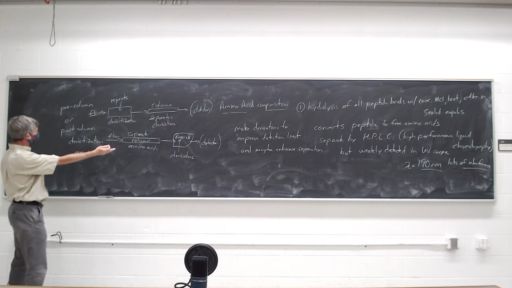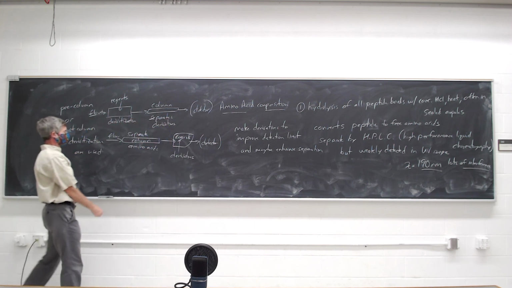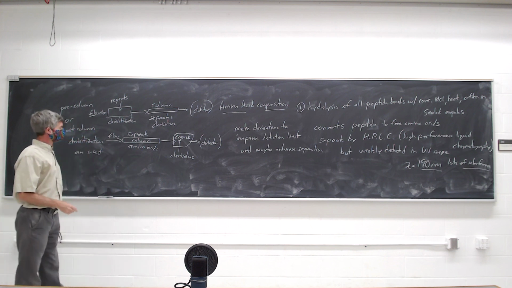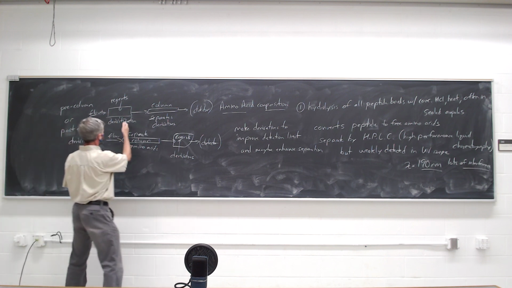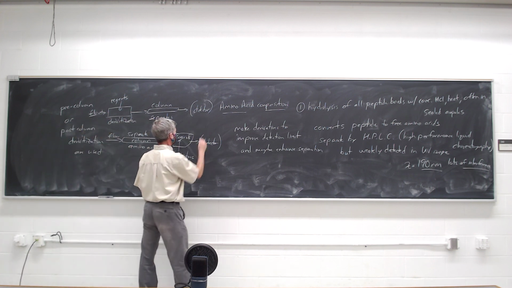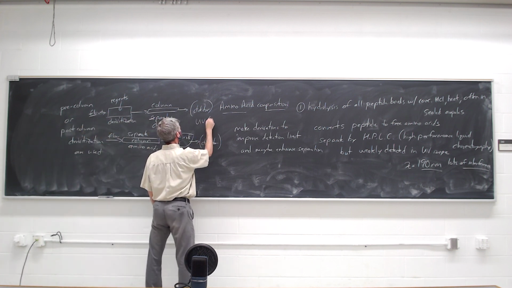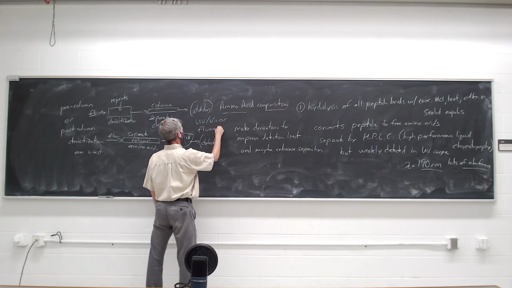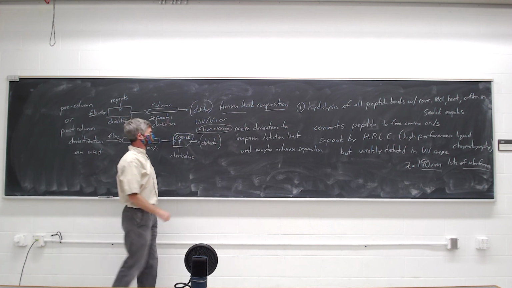Right, so that would be a post-column derivatization. So what do we derivatize it with? And what's our detector? The detector is usually either UV vis or fluorescence. And fluorescence is way more sensitive.